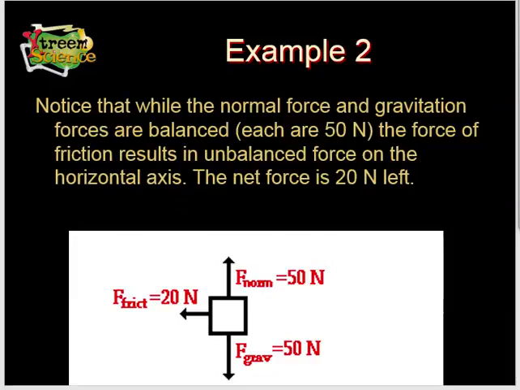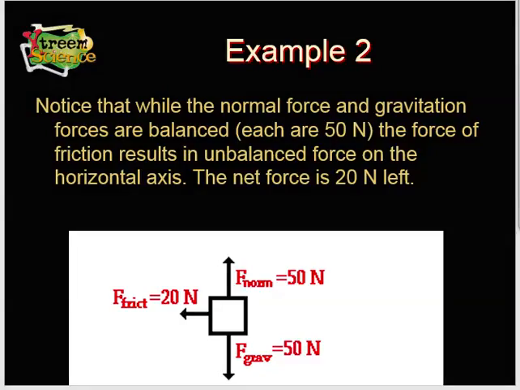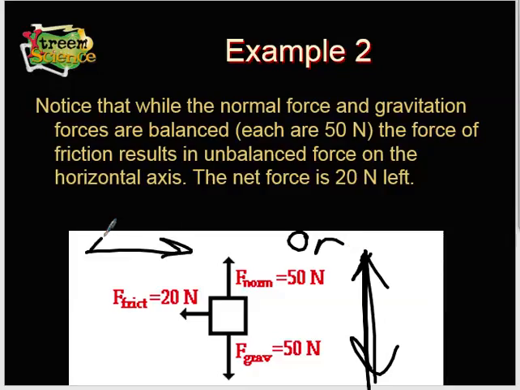Okay? Look at this example. What would be the net force of the object down at the bottom here? What would we do here? Would we just add up all three forces? No. Okay? We only will add and subtract forces that are in a vertical direction together or horizontal.